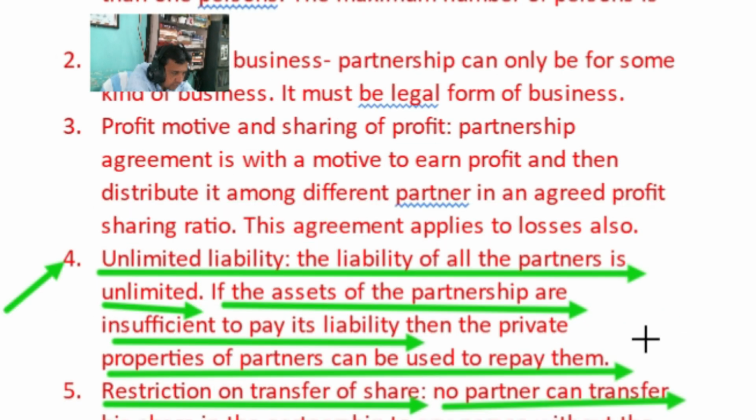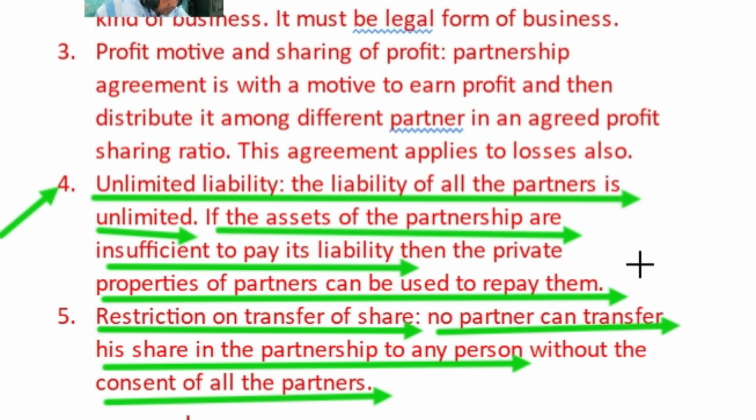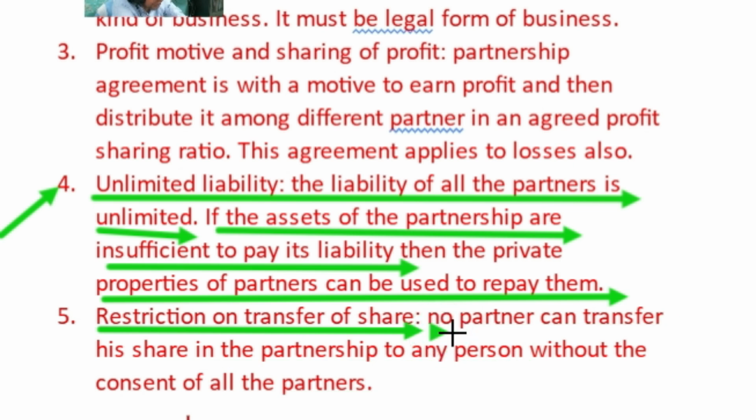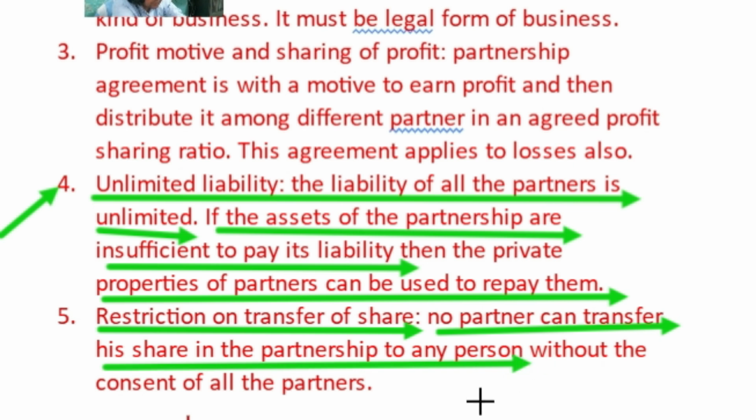If partner A leaves or after the death of partner A, then his son cannot become a partner without consent. No partner can transfer his share in the partnership to any person without the consent of all partners. So the consent of existing partners is required for transfer of his share. In a normal case, a partner is not entitled to transfer his share of profit to another person without the consent of all the partners.